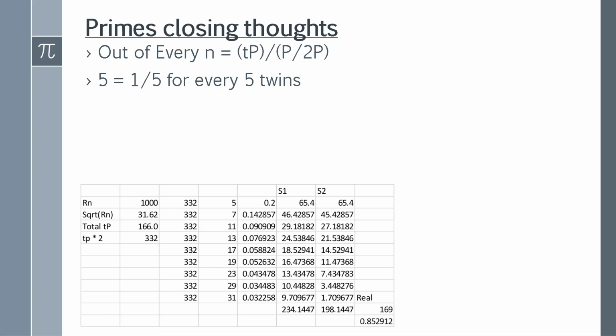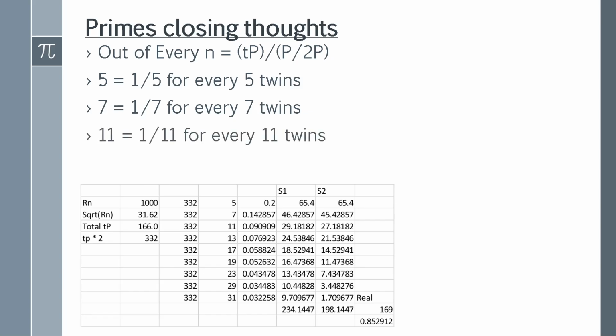So 2 out of every 10. And then every 7 twins, the number 7 prime is going to eliminate 1/7 of those. So 2 out of every 14 numbers. With 11, you're going to have to look at 11 twins, and you're going to eliminate 2 out of every 22 sets of numbers. And so on. So you can see your pattern for finding them.